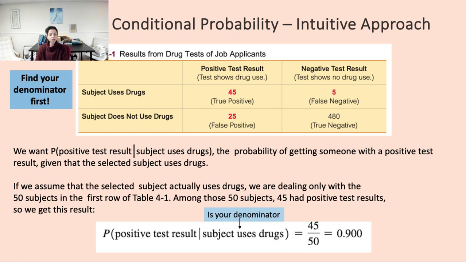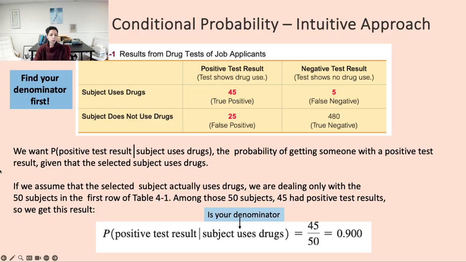Now, we can also do this through an intuitive approach. What we want is the probability of the positive test result given that the subject uses drugs. Now, what we always want to think about is what is our starting condition, because that's our denominator.